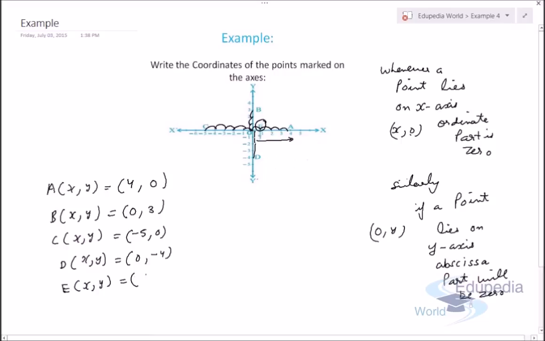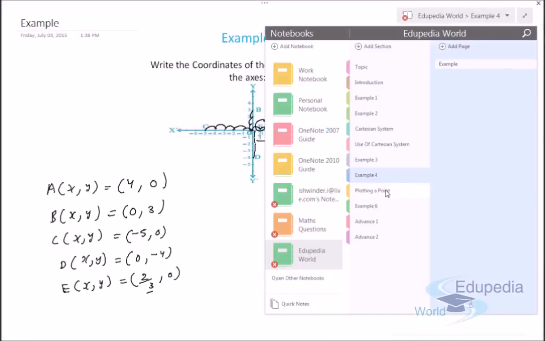So the point will become 2 by 3 and 0. Why 2 by 3? Because it is clearly given that the dimension of point E on the x-axis is 2 by 3. So these are some of the examples you can use to find the points on a plane.